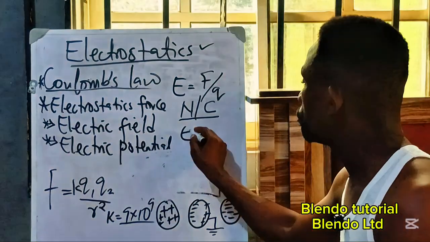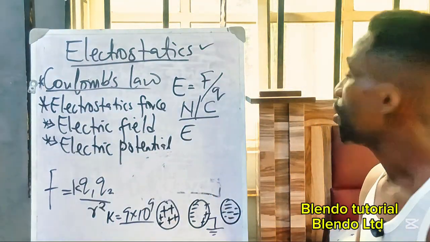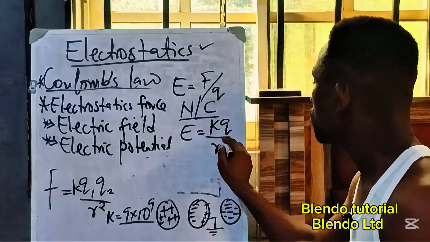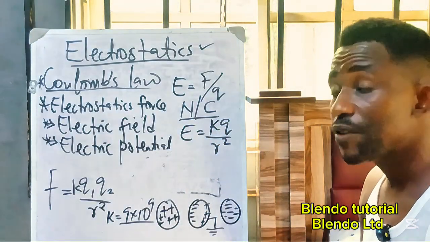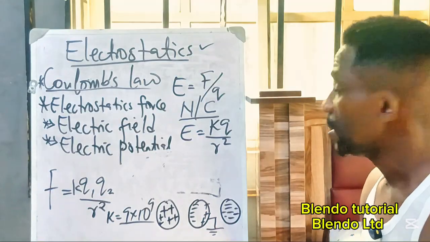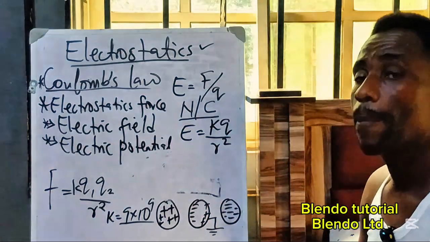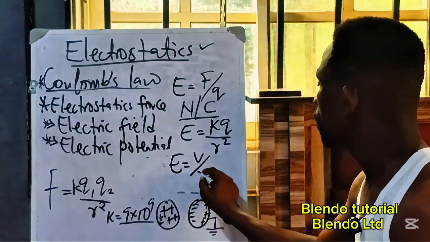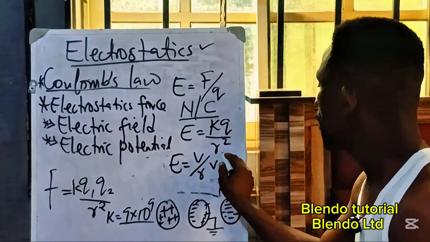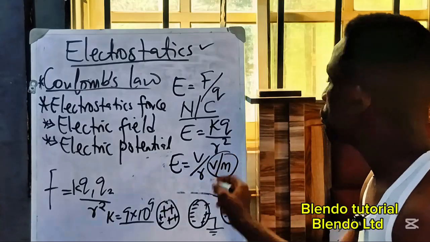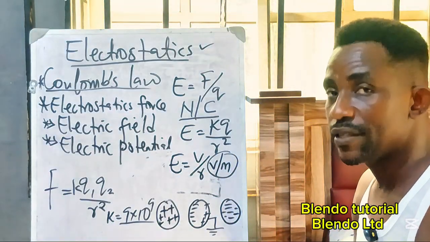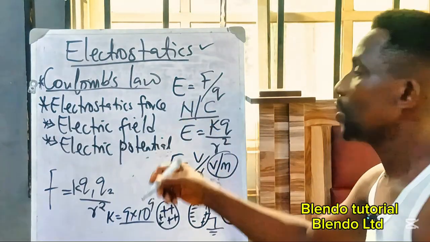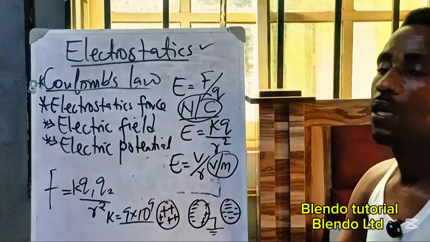Electric field due to a point charge is equal to KQ over R squared. Electric field also is equal to volt over R, which means volt per meter. So the unit of electric field is volt per meter, and the unit of electric field also is Newton per Coulomb.